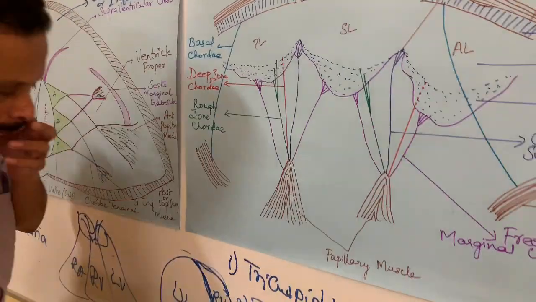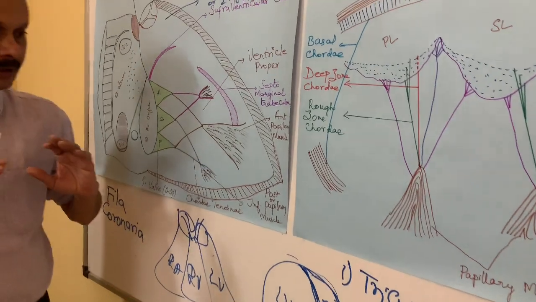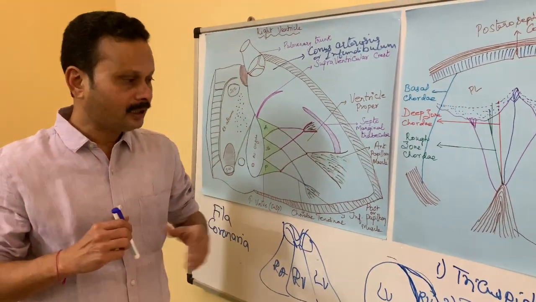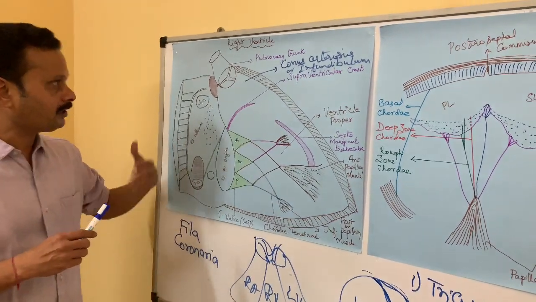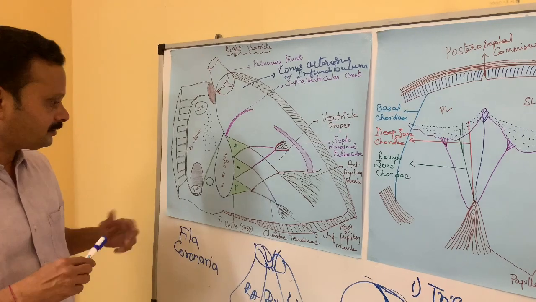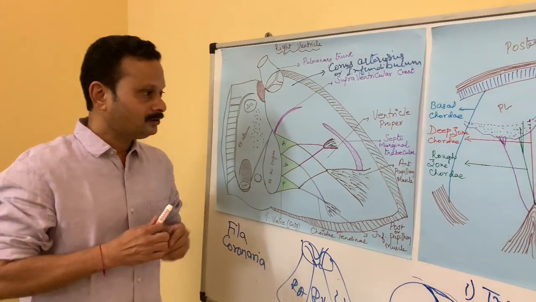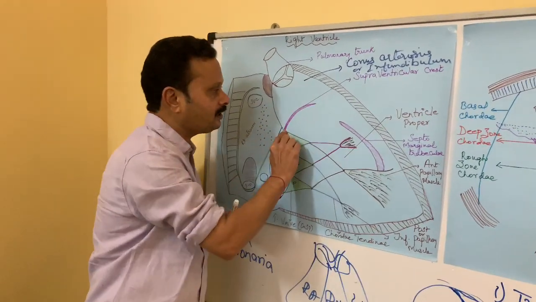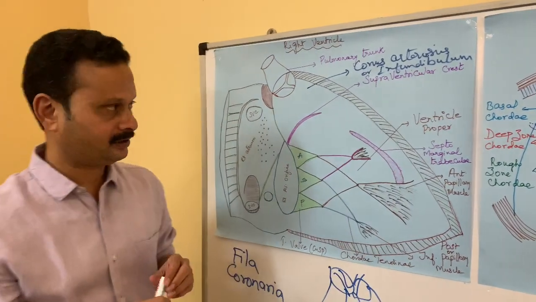Now let us talk about the trabeculae corneae. Trabeculae corneae contains ridges, bridges and papillary muscles. Ridges are linear ridges, and the important one is the supraventricular crest.